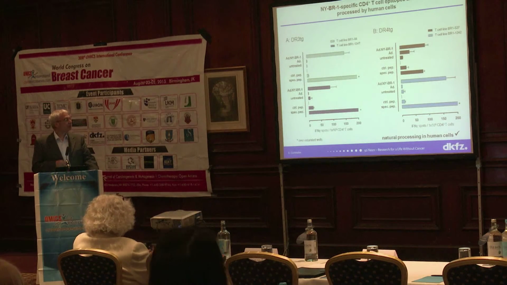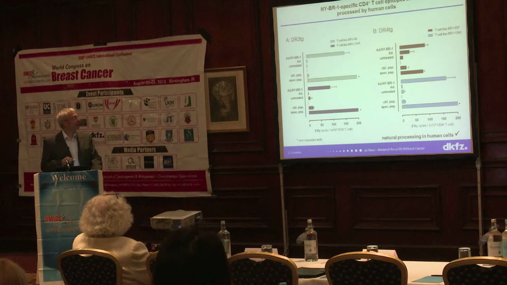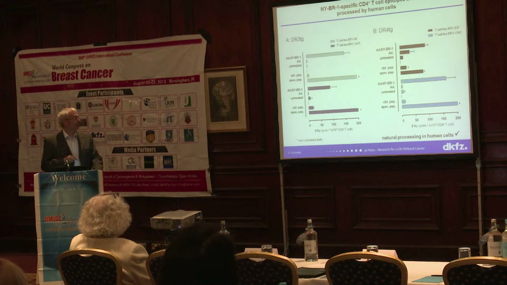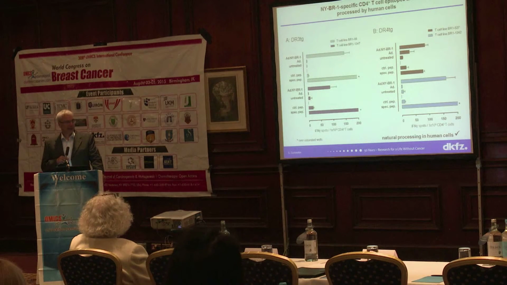So we transfected melanoma cells with the correct DR3 or DR4 epitope, HLA restriction. We transfected these cells and then used again the mouse cell lines, loaded these transfected melanoma cells on dendritic cells with a matched HLA and tested whether the mouse cell lines recognize these. And as you can see here, this was also successful.